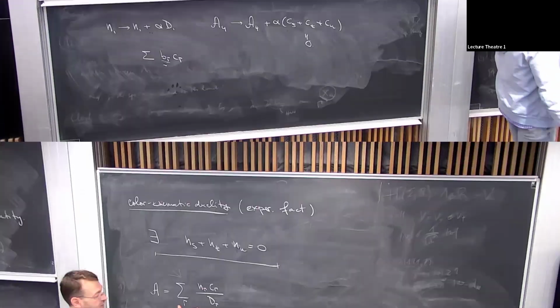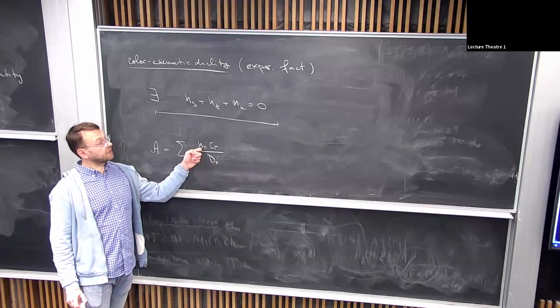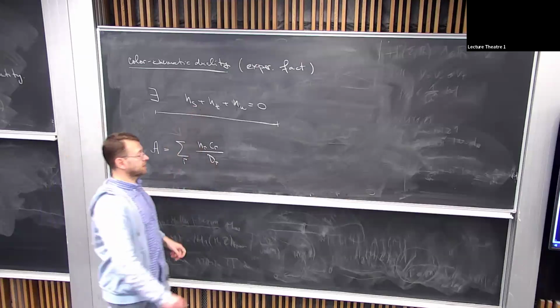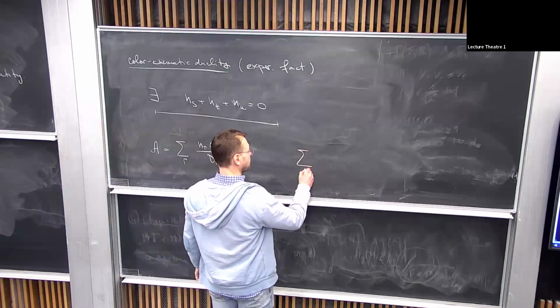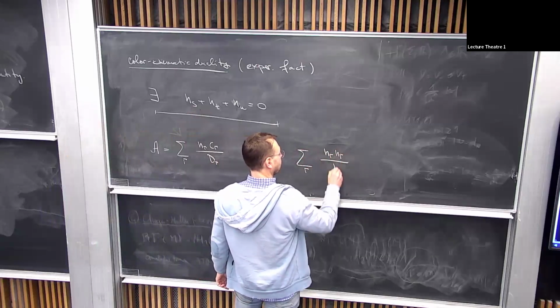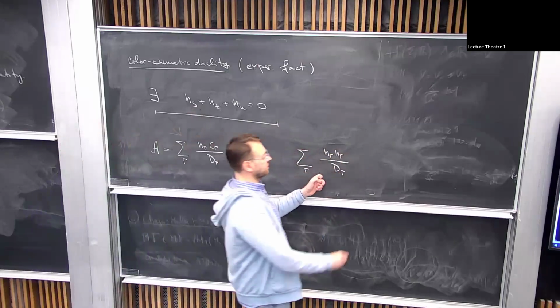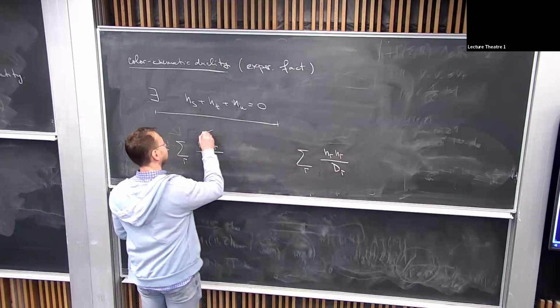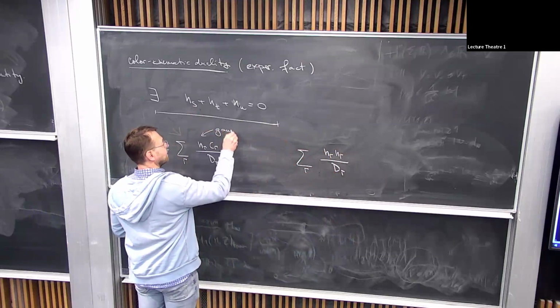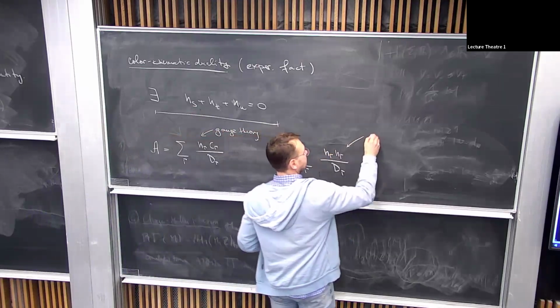You take your favorite gauge theory, and you calculate, and then you take a choice N gamma, which would satisfy relations like this. Then out of the blue, you just construct another object, N gamma over D gamma. And then you find that if it's a gauge theory, then there always exists some gravity theory.